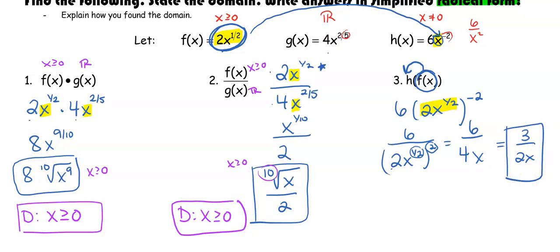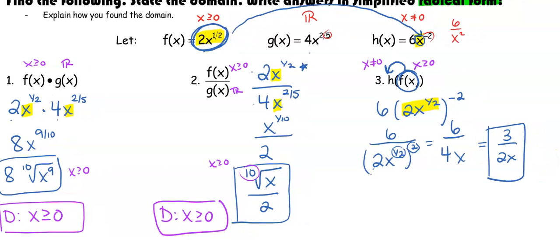All right, now to our domain. The f of x cannot be negative. The h of x cannot be 0. My fraction here cannot be 0, so x cannot be 0.